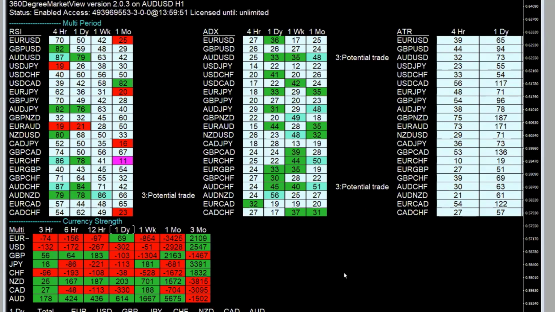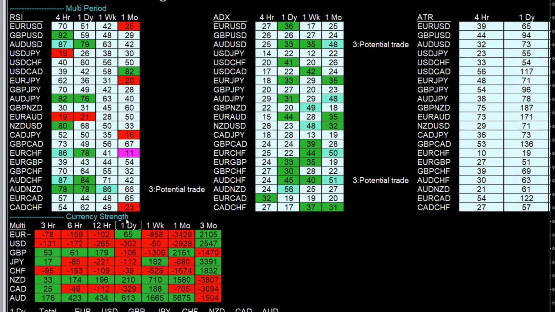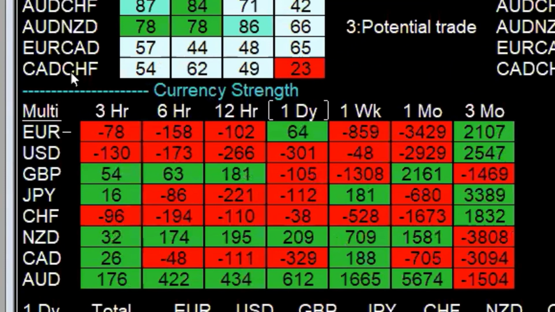And the first place I like looking at is the 360-degree indicator, or EA. It's in fact an EA. Okay, thanks for reminding me. So this is what I'm looking at. I'm looking at the currency strength table. And what stands out was that the Aussie is really remarkably strong.